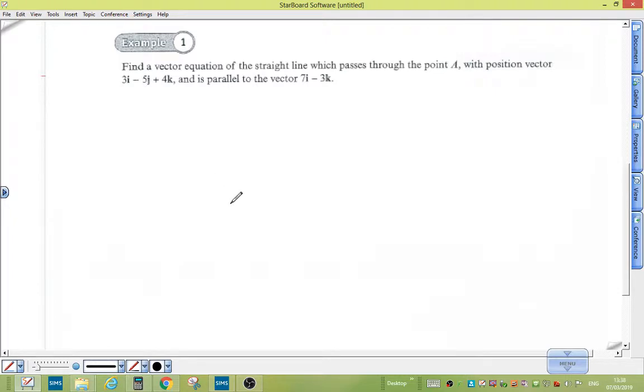Right, how you get, and I want you to remember this, so you've got to remain focused and look this way without looking elsewhere. To find a vector equation of a straight line, to me there's no real such thing. What you've got in 2 dimensions, and I keep on banging on about 2 dimensions, because the laws still work for 3 dimensions, it's a lot easier to just represent it very quickly in 2.